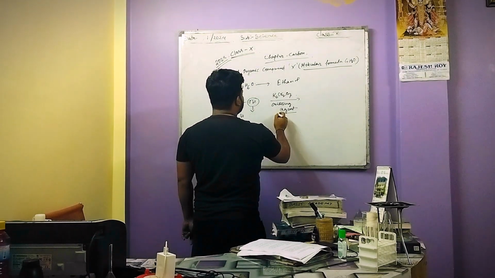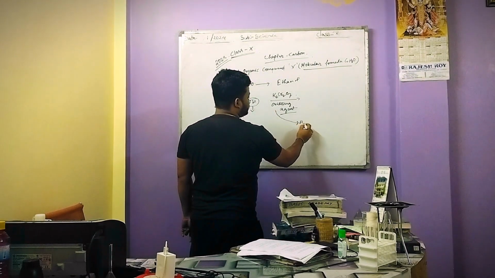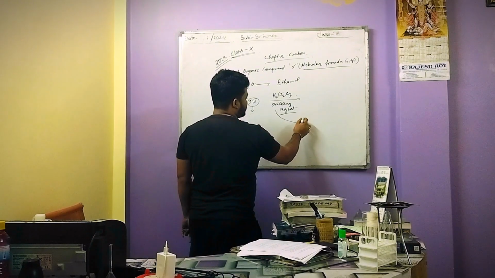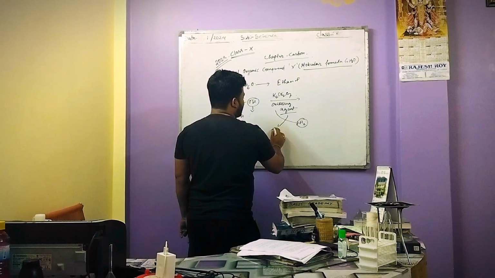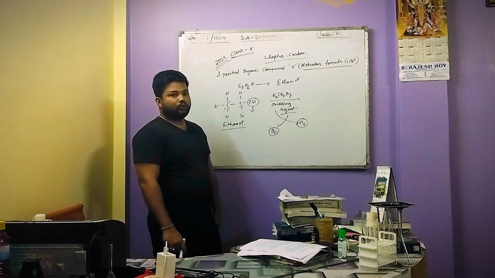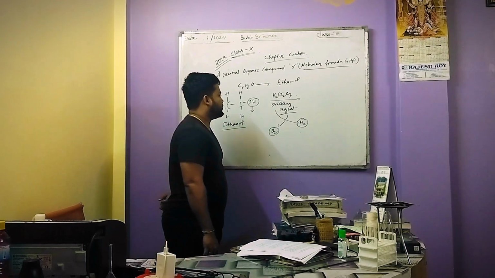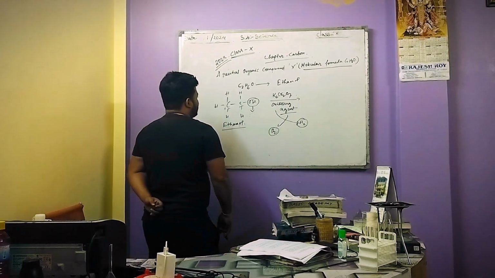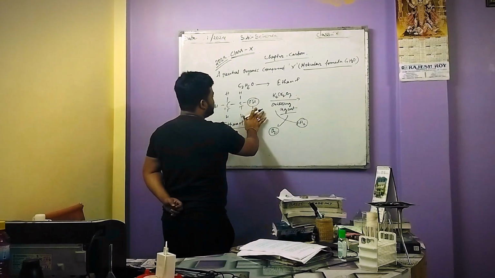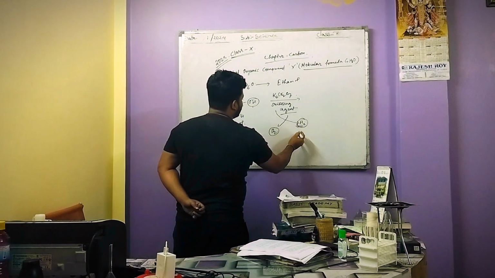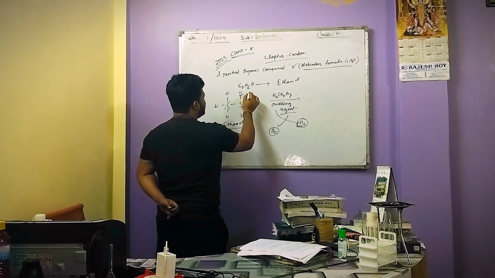It removes H2, that is, it removes hydrogen and adds oxygen. This is the property of K2Cr2O7. So let's see, it will eliminate 2 hydrogen, that is 1 and 2.